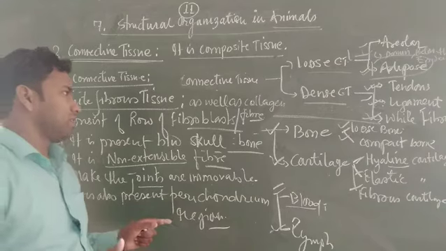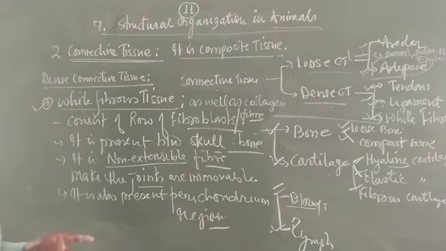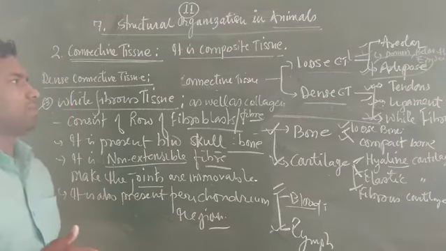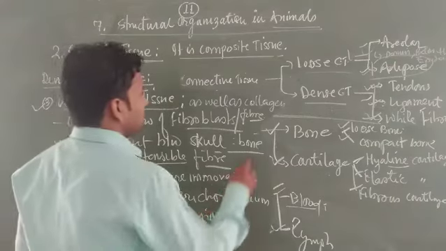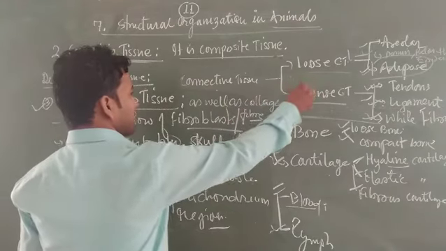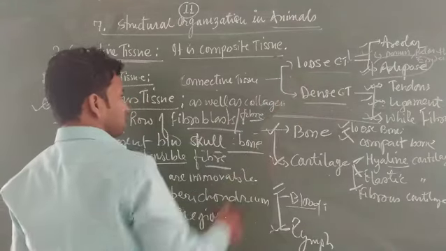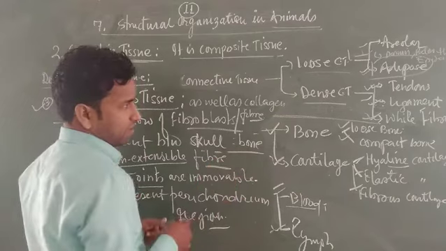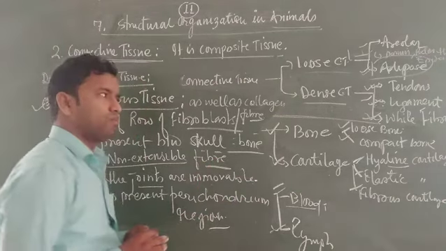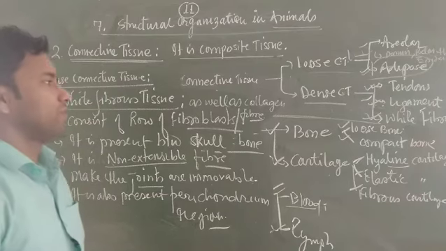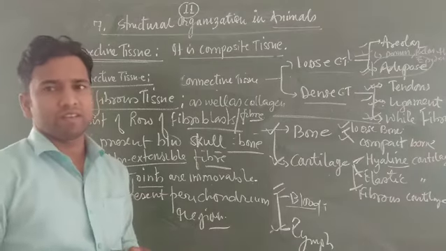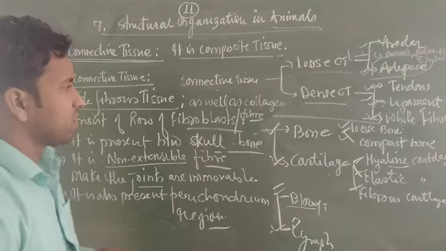All these three help in the formation of connective tissues. Generally connective tissues are loose connective and dense connective. A tendon helps in attaching muscle to bone, a ligament helps in attaching bone to bone, and white fibrous tissue helps to attach the skeletal muscle.